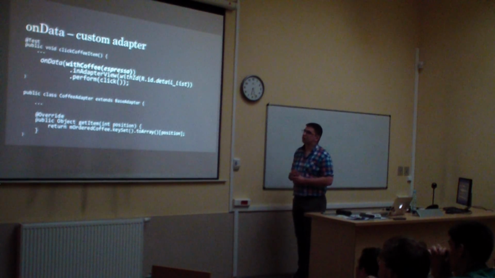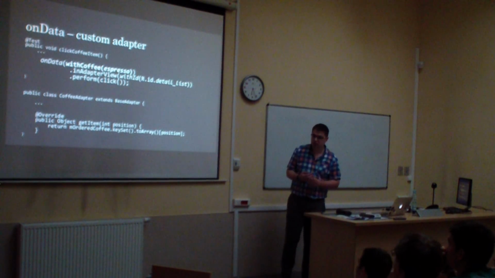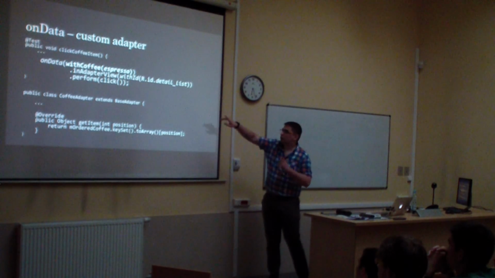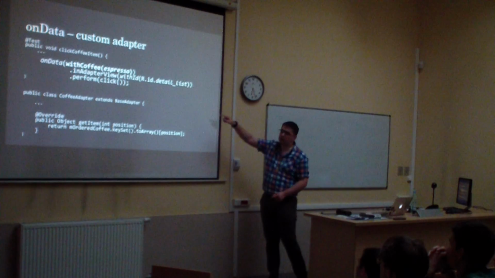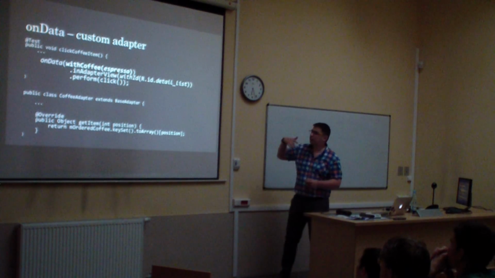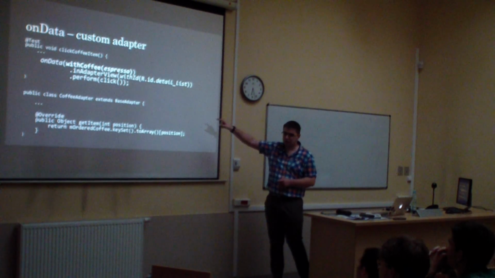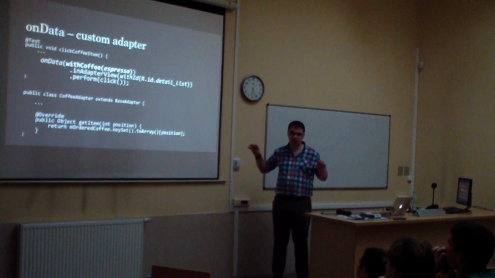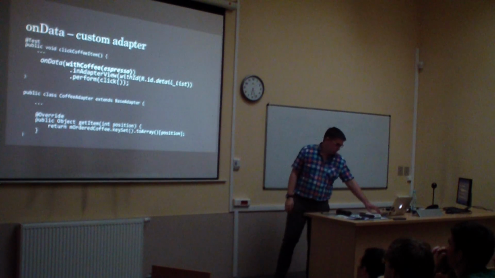And for verification, we use this coffee adapter. Of course, it's a custom adapter. We also tell this method in which list we can use it. And when we look at the Espresso object, it will be a simple item of the list view. We click on this item.